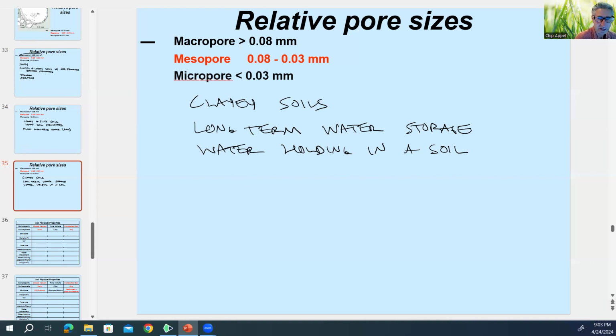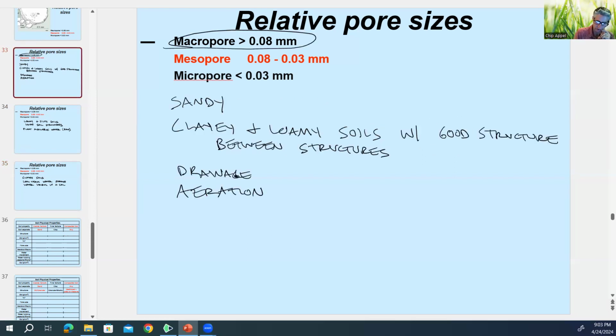I need to go back and talk about how compaction influences each of these. So let's go back just real quick to our discussion of macropores. Compaction destroys our macropores. So the first kind of pores to be removed from a soil upon compaction are these. And so essentially, when you compact a soil, you remove the soil's ability to drain water easily and actually to move around gases.